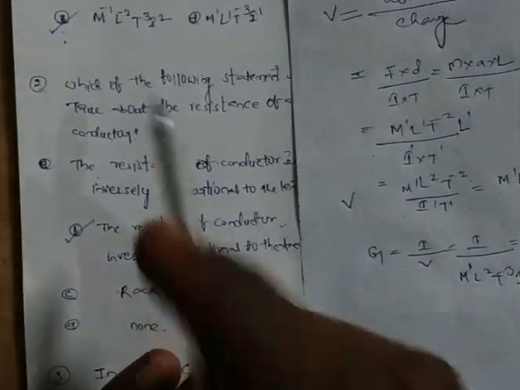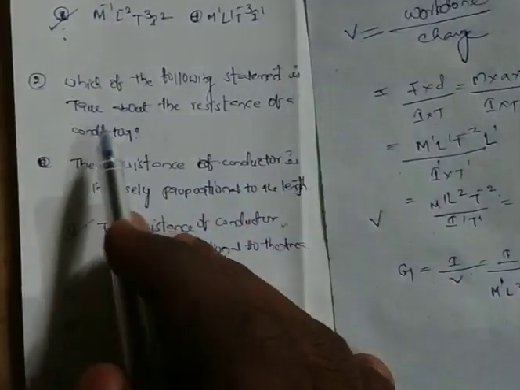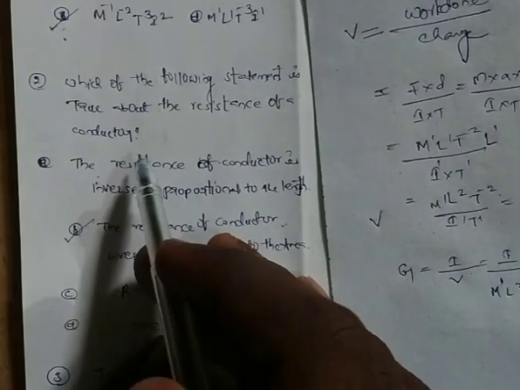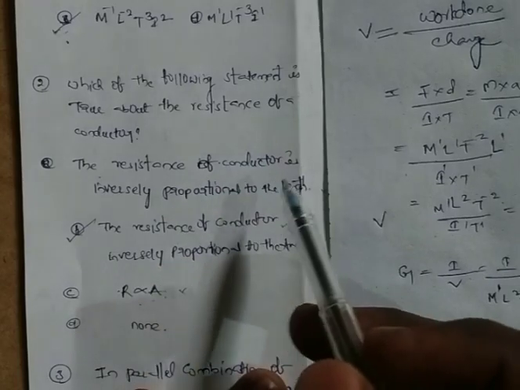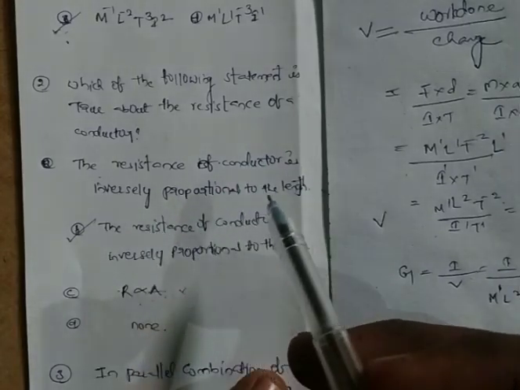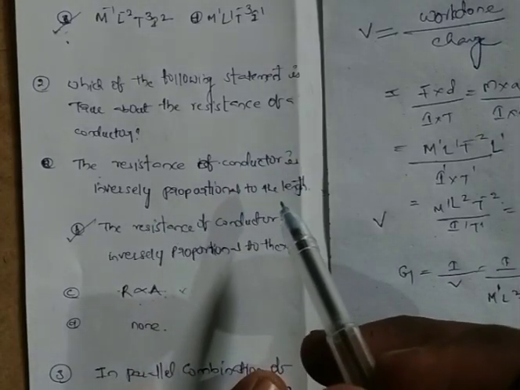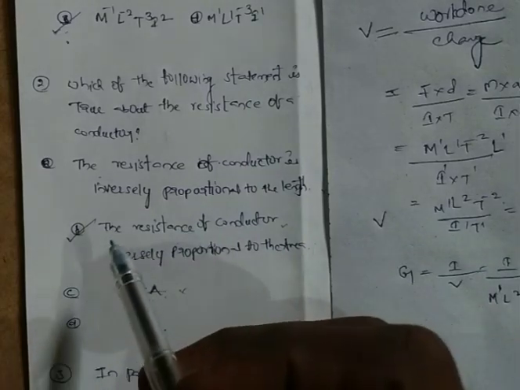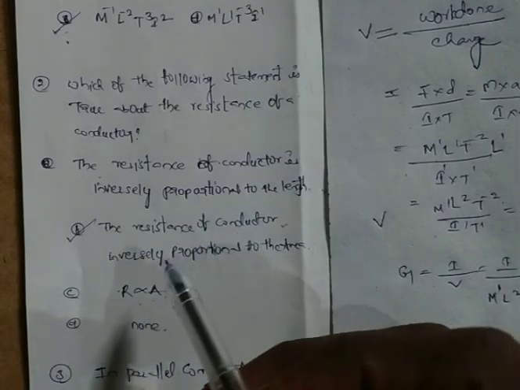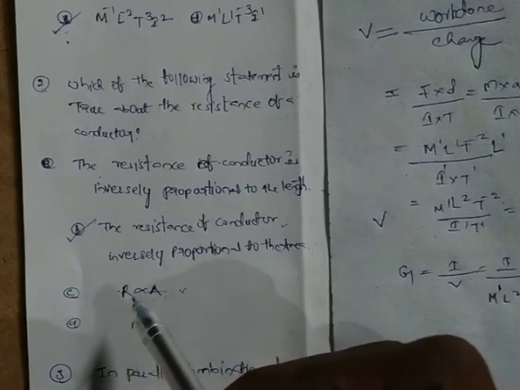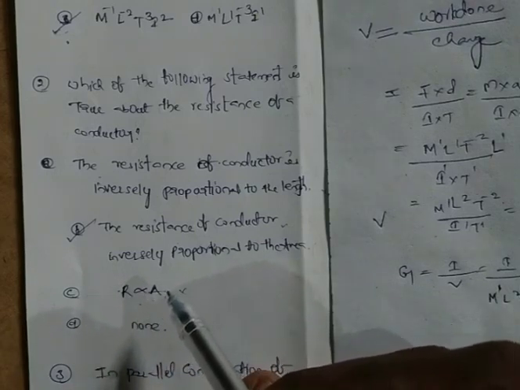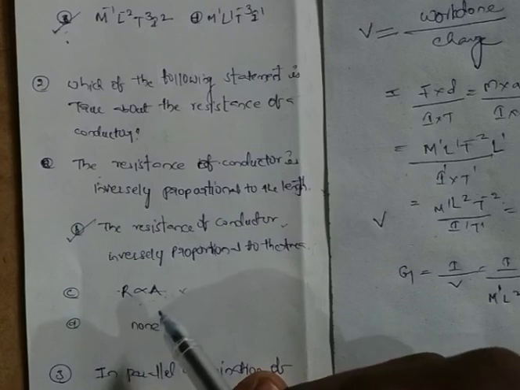Which of the following statements is true about the resistance of a conductor? The options: the resistance of a conductor is inversely proportional to the length; inversely proportional to the area; directly proportional to the area; or none.